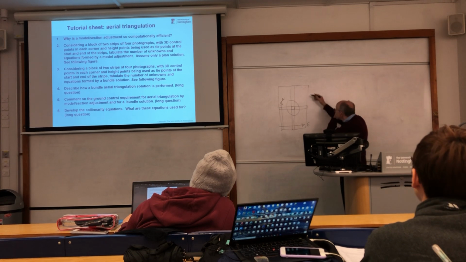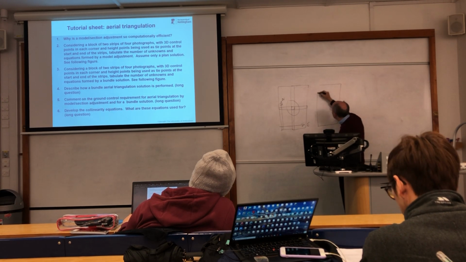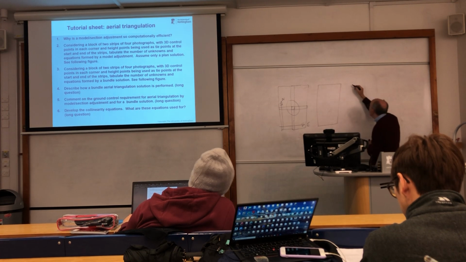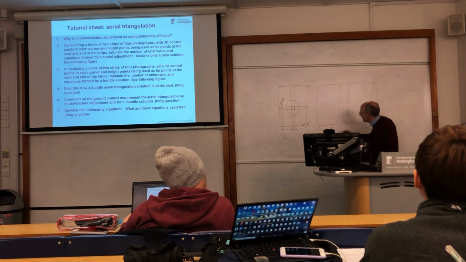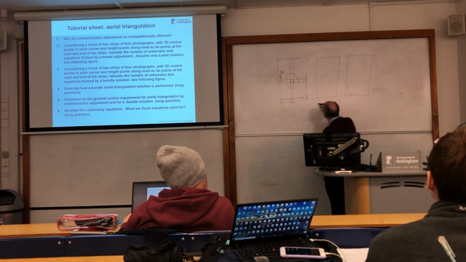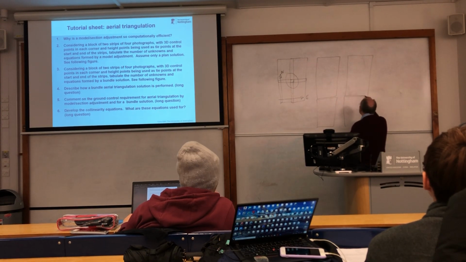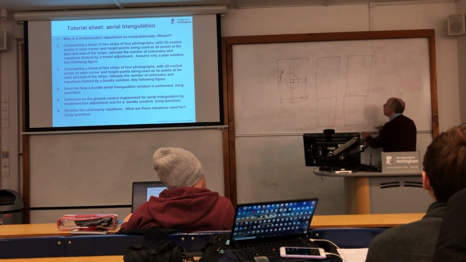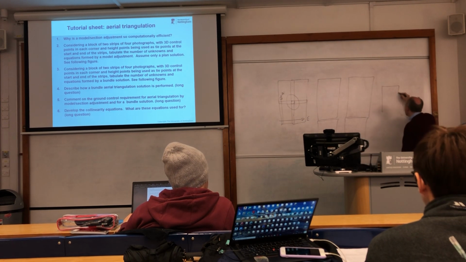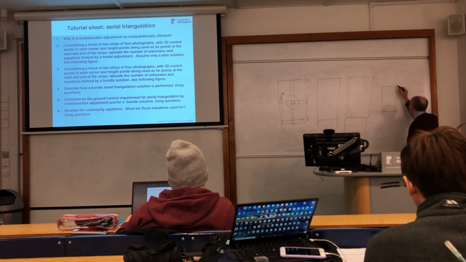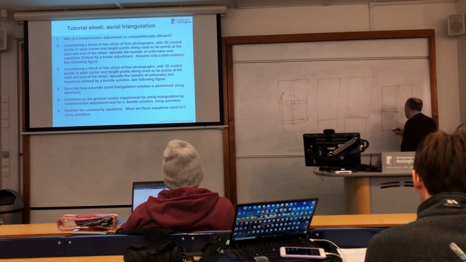We could then take another 4 stereo models that we've all joined together, and then another set, and another set, and we could join up those 4 sets of stereo models.